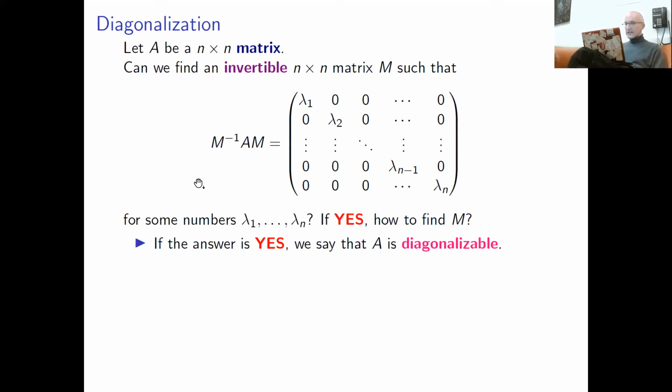Okay, let me translate this question into the language of linear operators. Let me recall from the previous lecture that almost every statement, question, definition, and notion for matrices can be translated into the corresponding notion for linear operators. To do this, it's enough just to replace matrix A by the linear operator given by multiplication by this matrix A. You take a vector v and map it to the vector A times v.